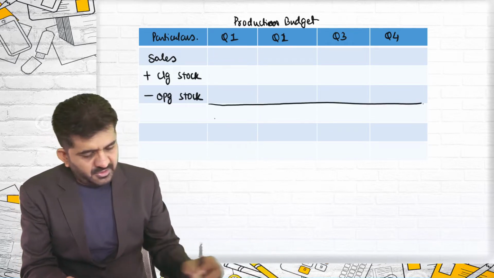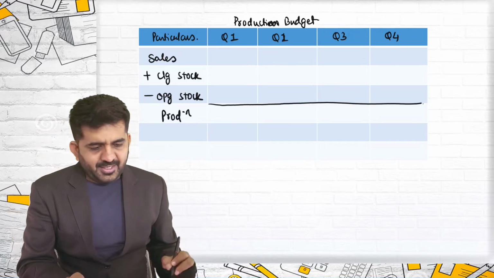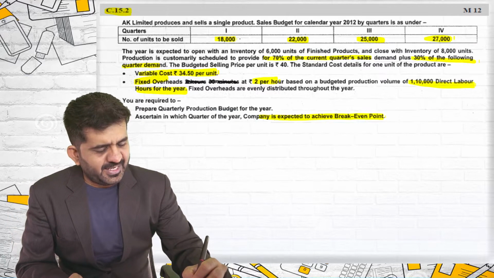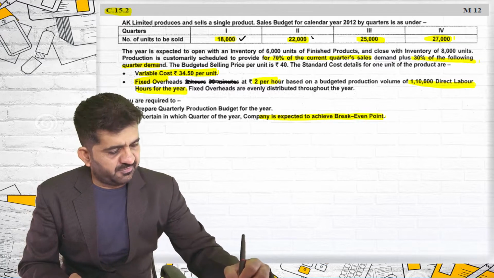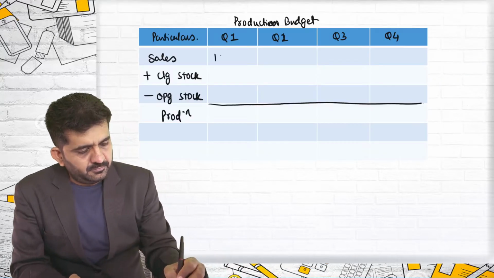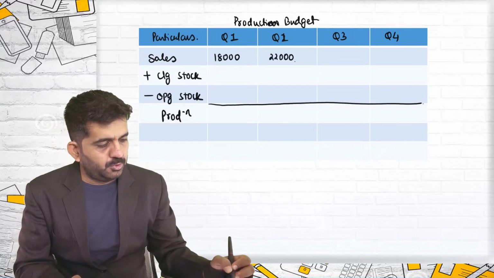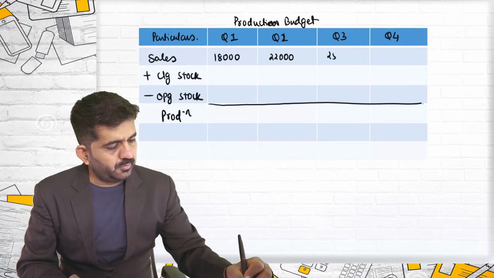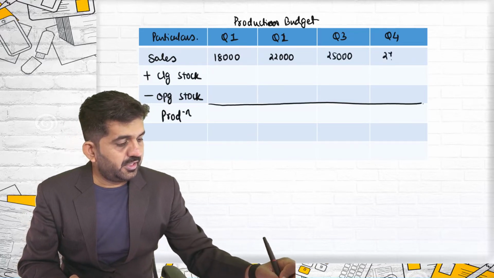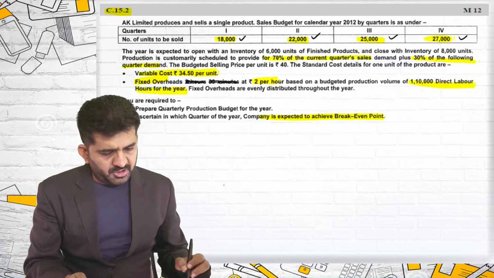The answer will be nothing but production. Let us understand which information is given. Sales expected in units is given: 18,000, 22,000, 25,000 and 27,000.